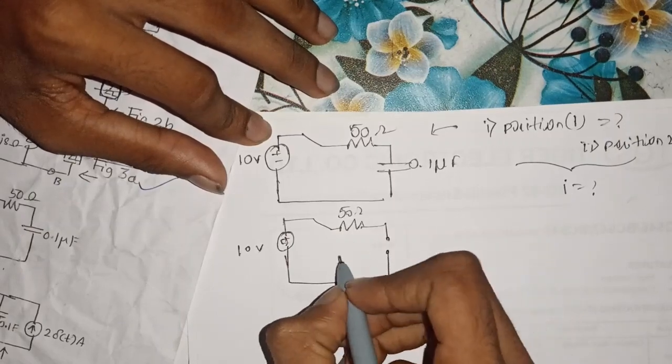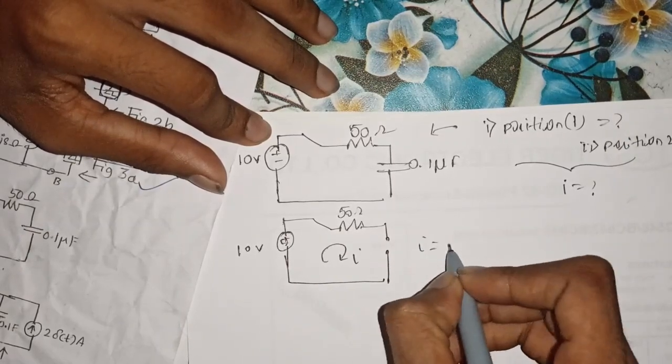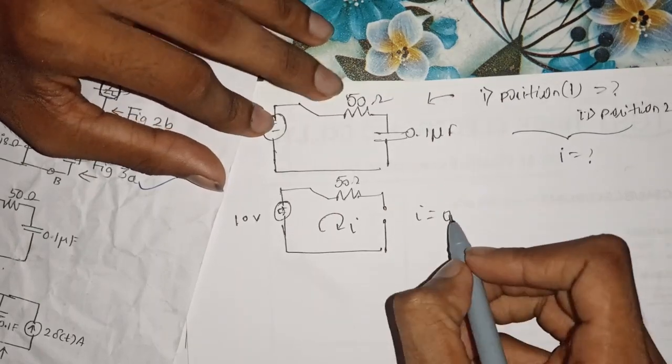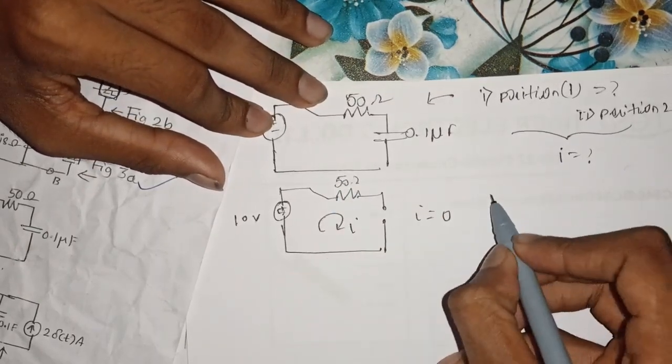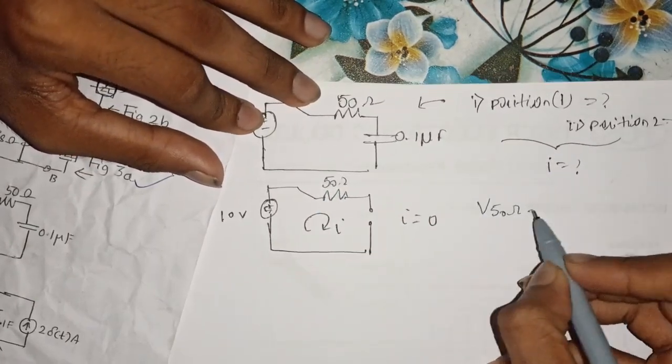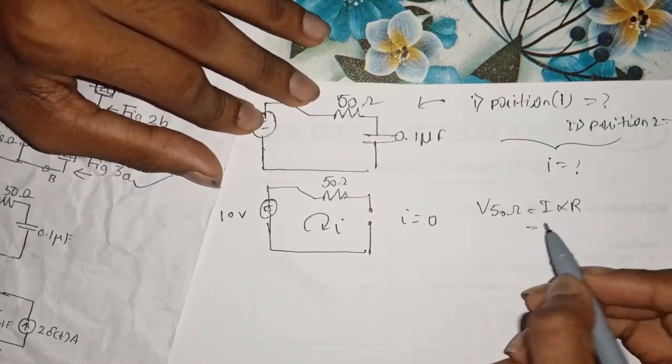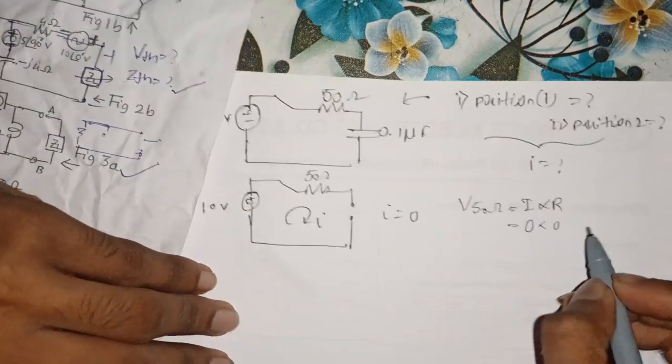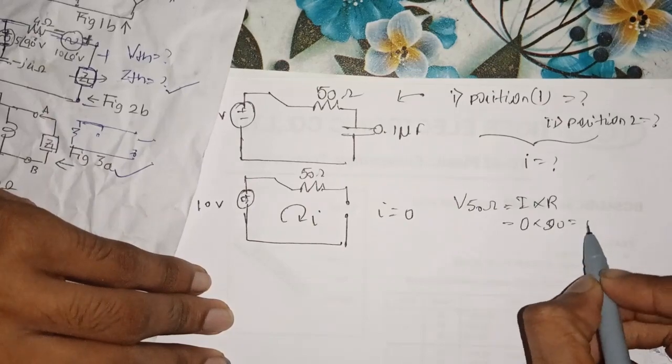Since the capacitance is open circuit, the current flowing, I, will be equal to 0. Since there is no current flowing, the voltage drop across the 50 ohm resistance, I into R, is 0.